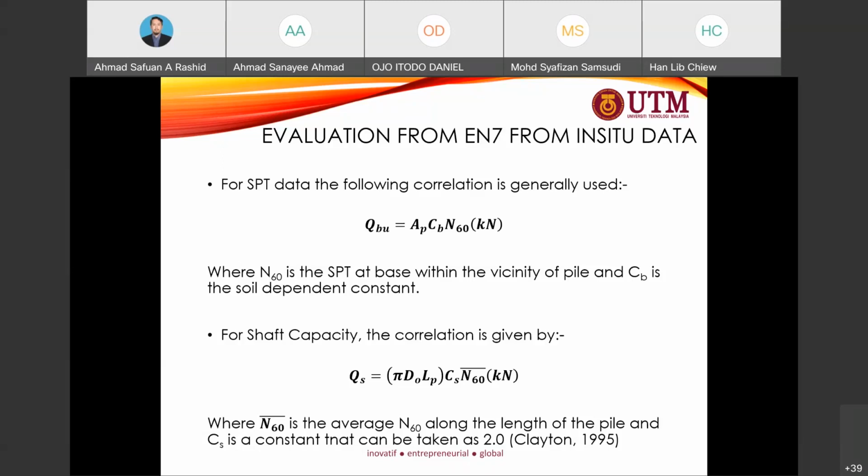It will be straightforward when we use the SPT in determining the value for the ultimate failure of the pile capacity. Then for the shaft, we can also use the SPT corrected N60. By applying this formula, we can estimate the US for the skin friction. So that is for the SPT.